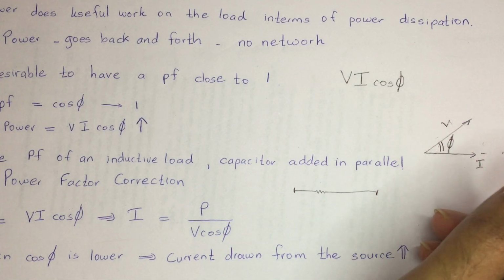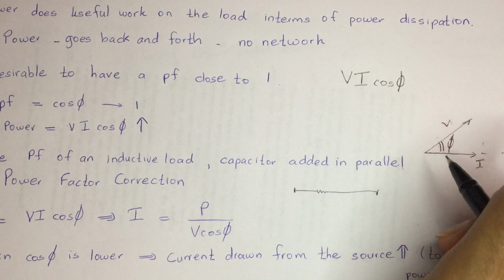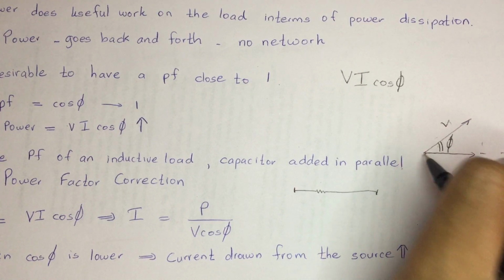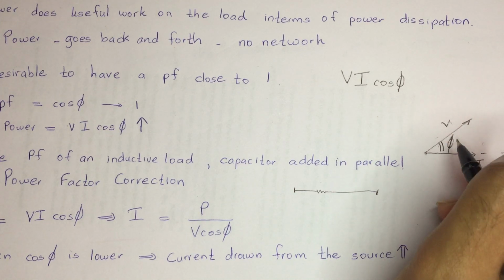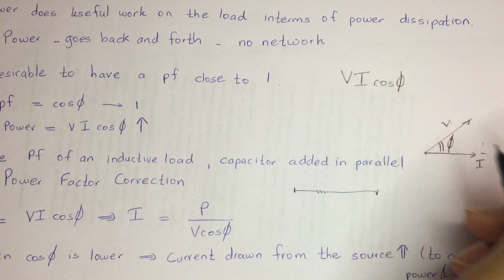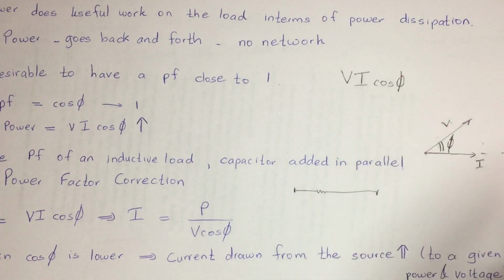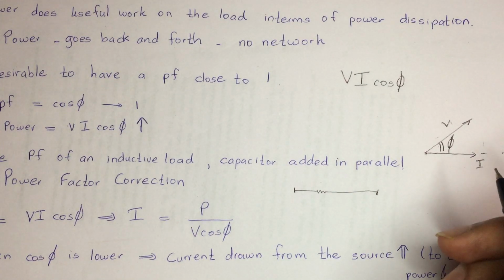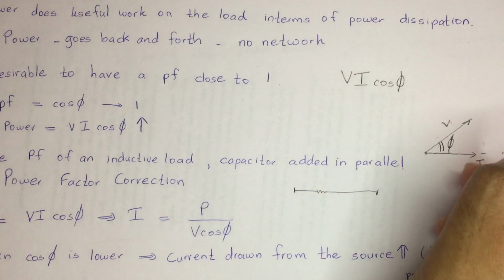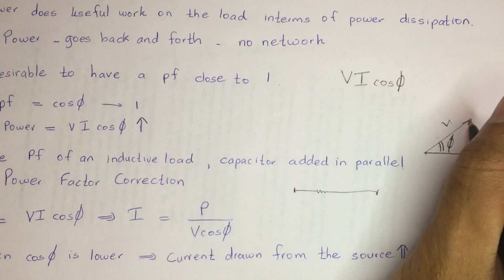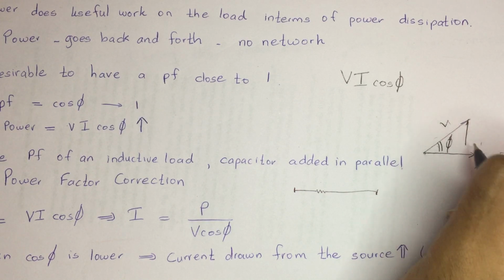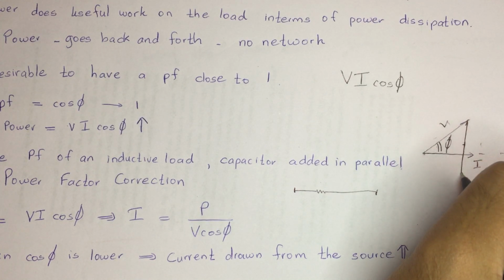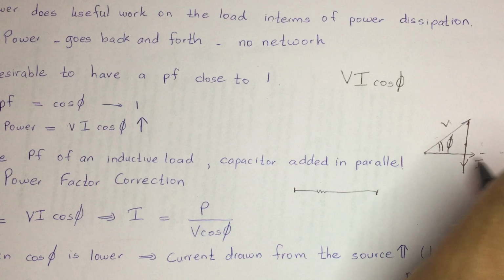Let's say we are going to add another element on this side, another capacitor. Here I have drawn the inductive circuit load, and we are considering adding another capacitor. It's going to be like this. It's going to show in a negative direction, because the I is in the reference line.